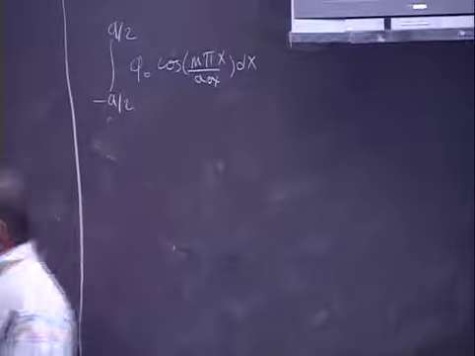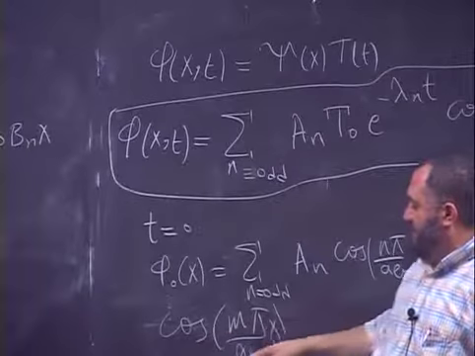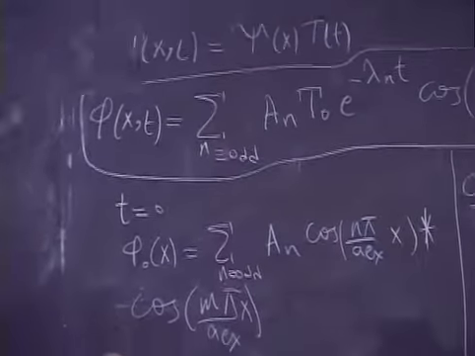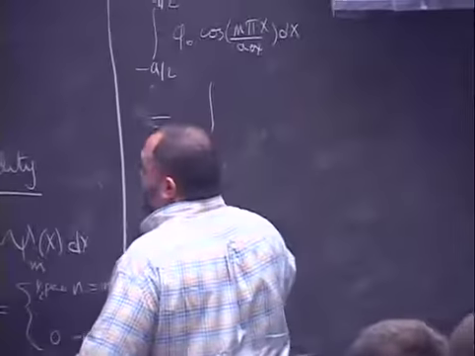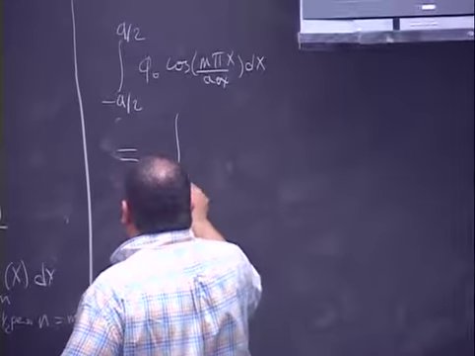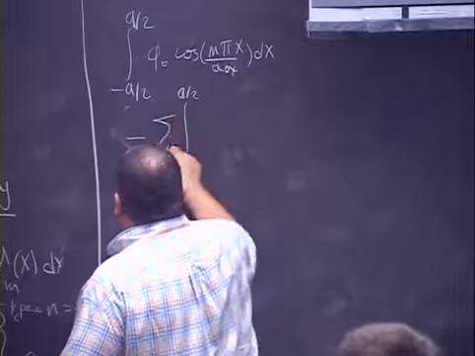So you multiply phi naught of x by cosine m pi x over a, and on the other side you will integrate from what? Negative a over 2 to a over 2, and then you will have the summation sign here.